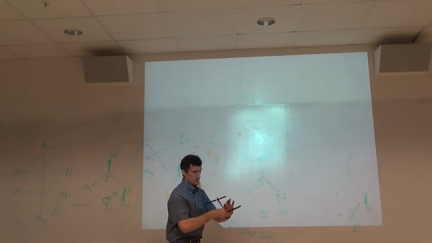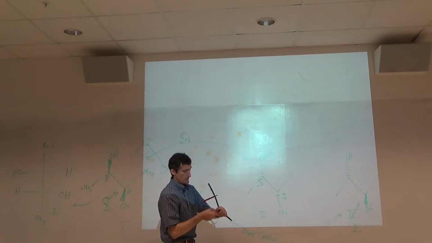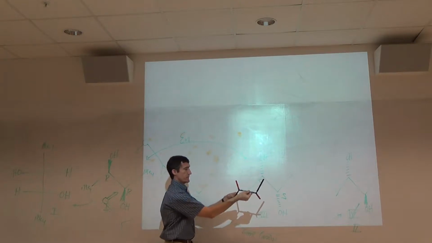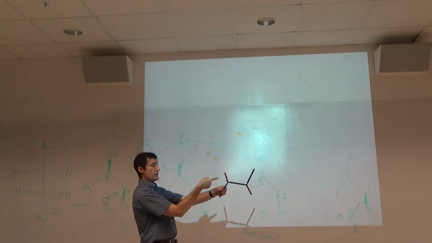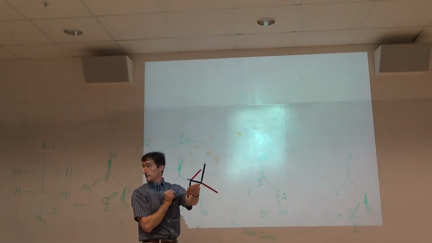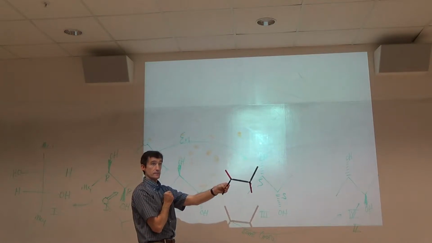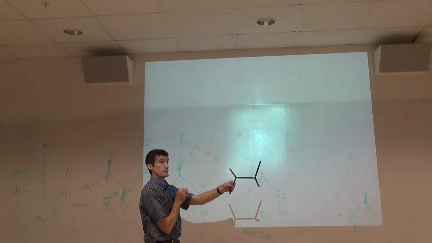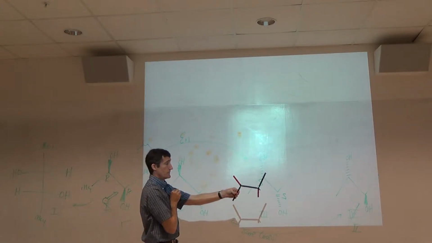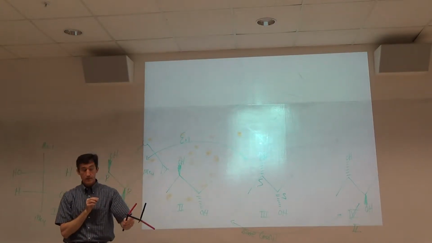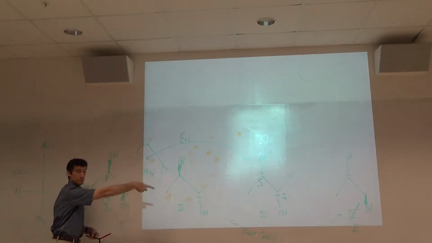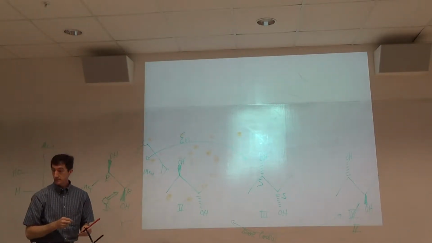Oh, we need this one going back also. With the zigzags on the plane of the board, both OHs going back. Everybody see that? If you ever can't see, say, hey, I can't see over here. So, that's the mirror image based on RR turning being SS in the mirror.